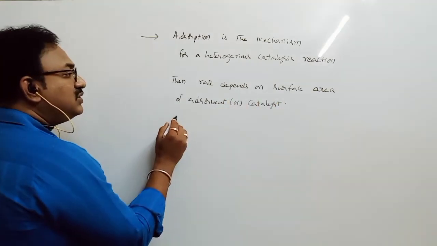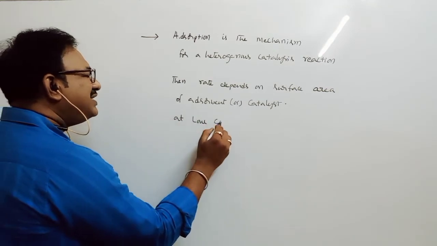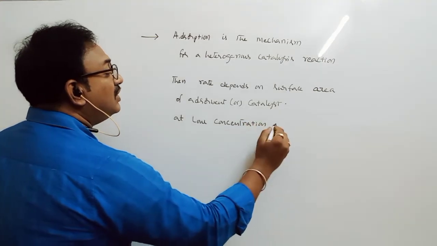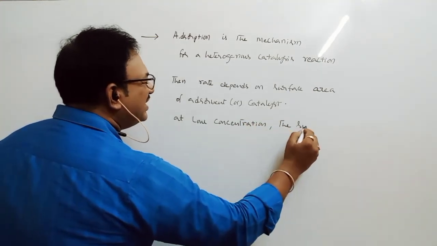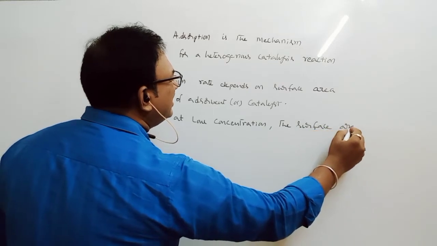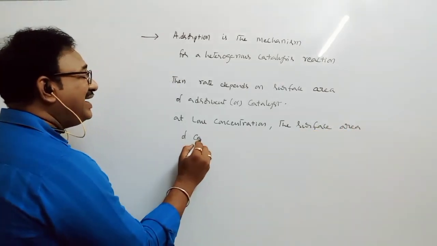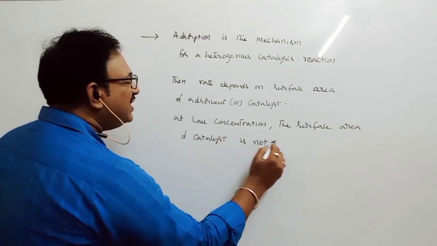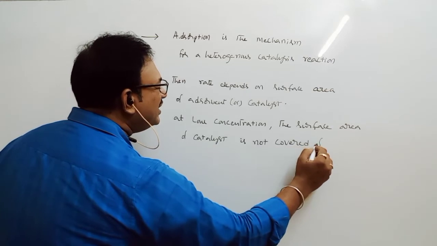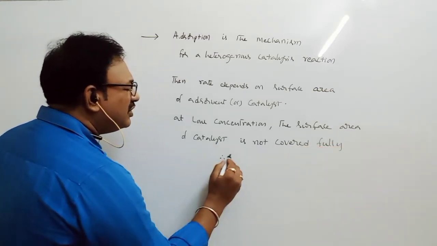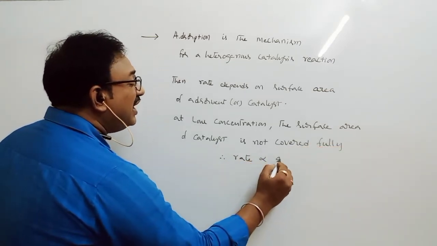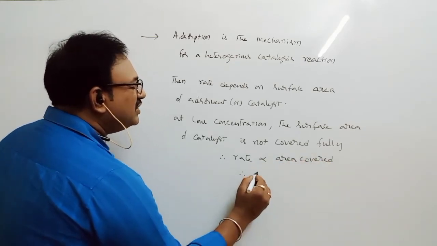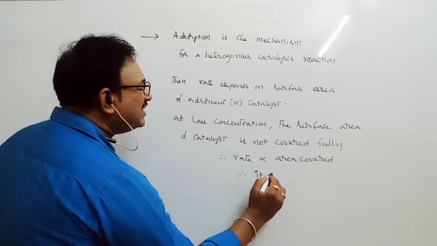So at low concentration, the surface area of catalyst is not covered fully. Therefore, rate is proportional to area covered. Therefore, it follows first order kinetics.